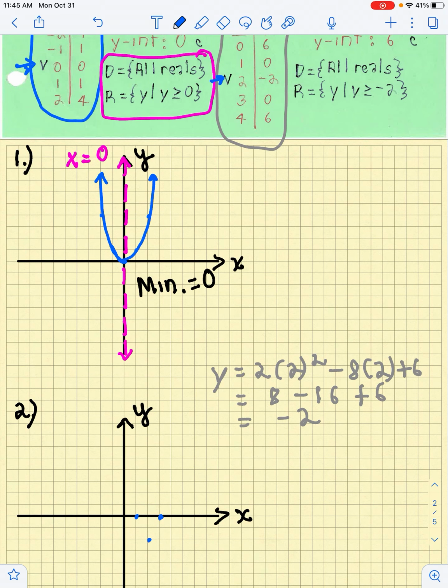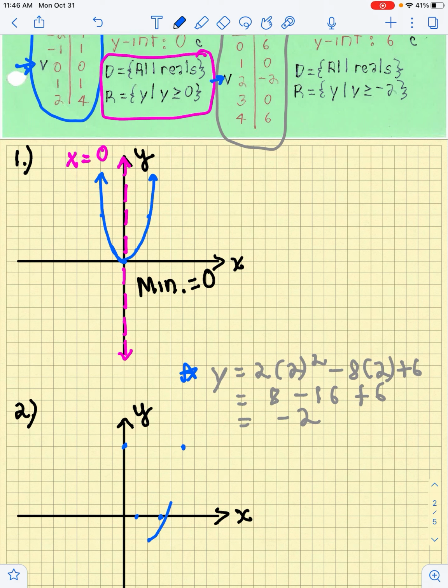We prefer to use integers when we do this. Then we plug into the function like I did right here to find the y-coordinate, and you can see the values I got for y in our table. And then we have 0, 6, -2, 0, 6, which means symmetry on the other side.